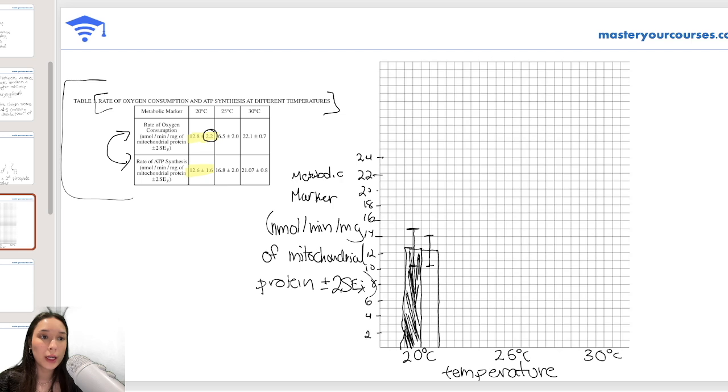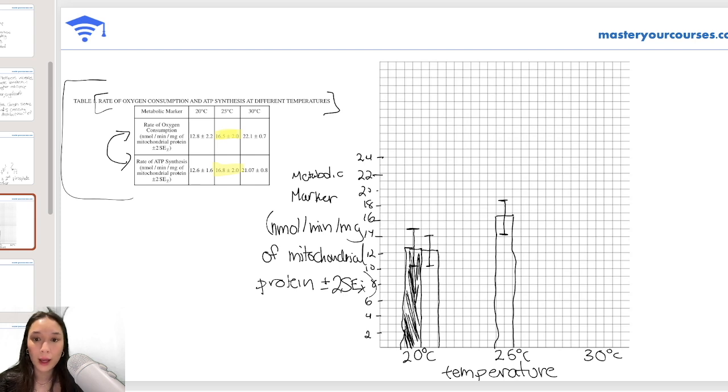So for 25 degrees, we've got 16.5 and then 16.8. These are fairly close numbers. I don't know if they allow you different colors, but simply coloring in one or putting hatch marks in it would have been fine. So you've got 16.5. For this one over here, make it a little lower. 16.5 should be around here, and plus or minus 2, so it should be here, to 18.5.